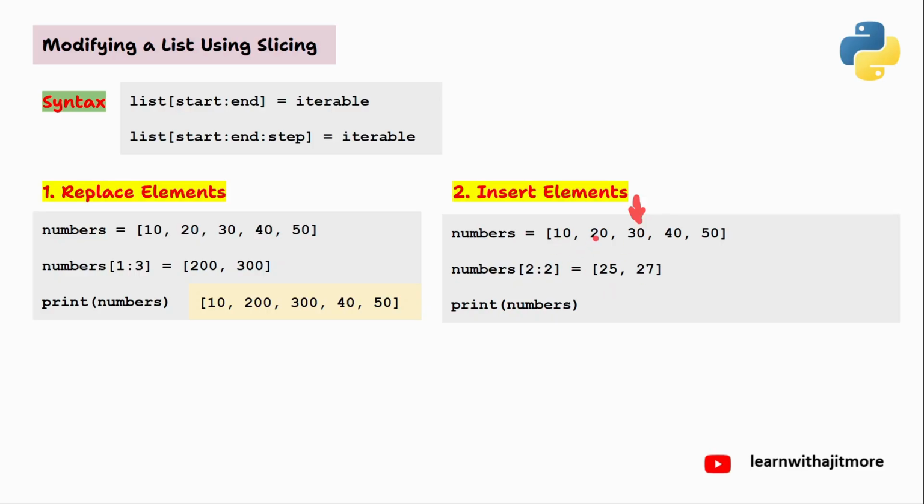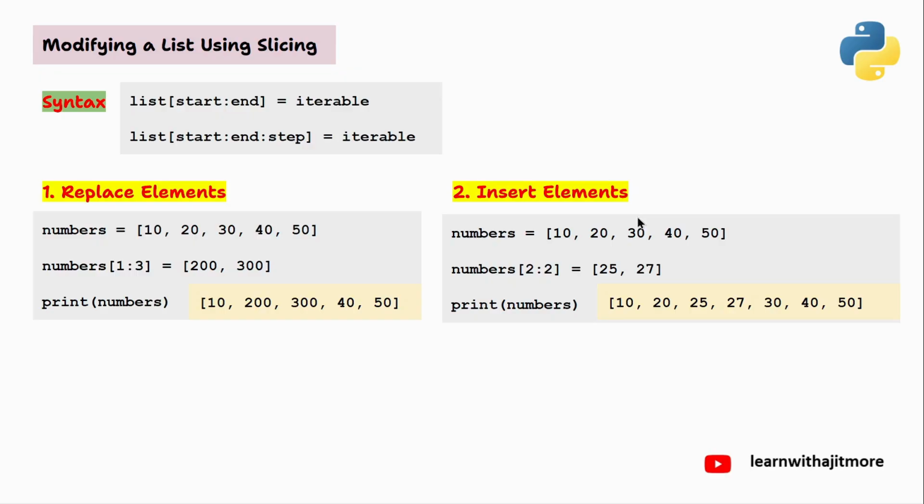तो यहाँ आ जाएगा 10, 20, 25, 27 and 30, 40, 50 shift हो जाएगा. Get it? So in short, 10, 20, 25, 27 will come, and 30, 40, 50 will get shifted away.